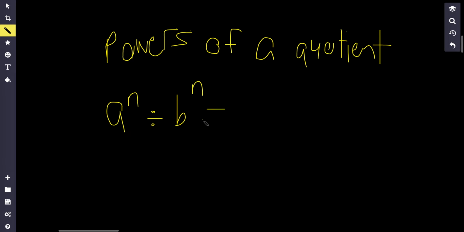This is just going to be equal to a divided by b, to the n power. So this is basically the same formula as the powers of a product, except that it turned from multiplying the bases together to dividing the bases together.